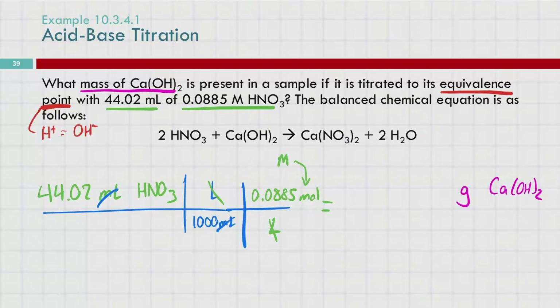And we'll go ahead and evaluate that. The amount of moles that we added, 0.000389577 moles HNO3.